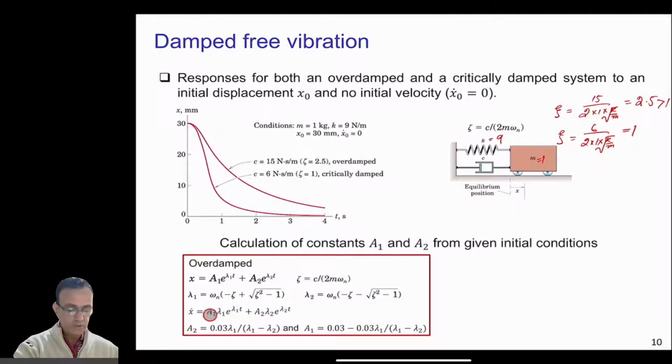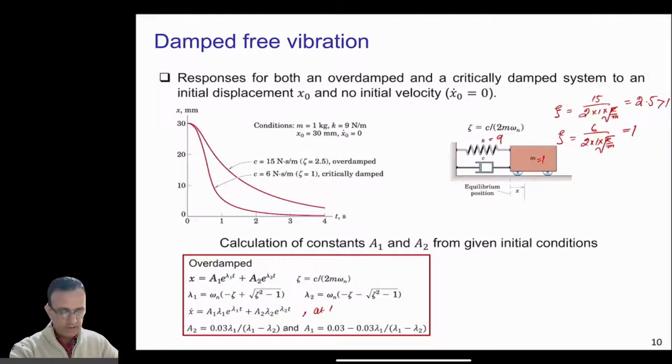If you differentiate this with respect to time, it will become a1 lambda 1 e^(lambda 1 t) plus a2 lambda 2 e^(lambda 2 t). So now you have two equations, the equation for x and the equation for x dot. And now you just need to put in the initial conditions.